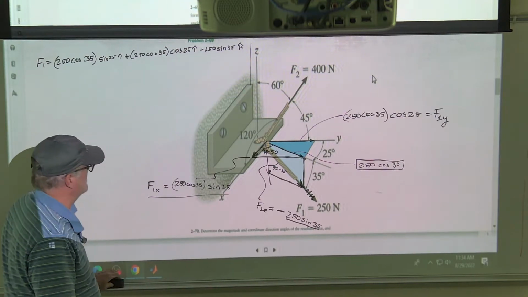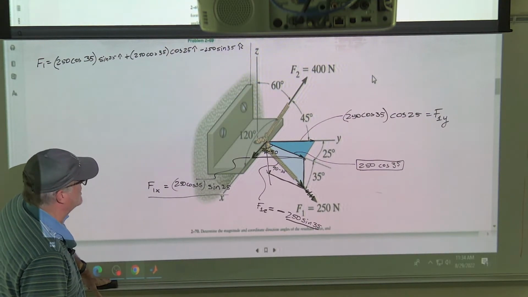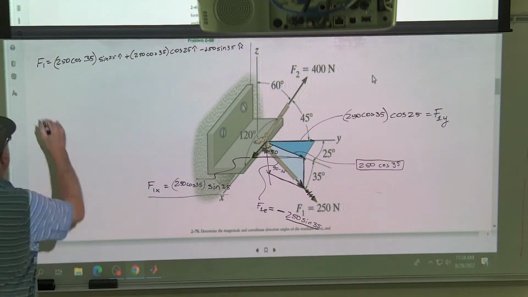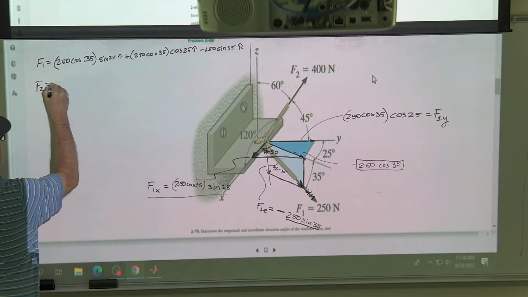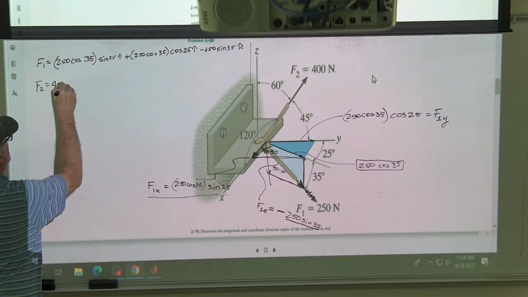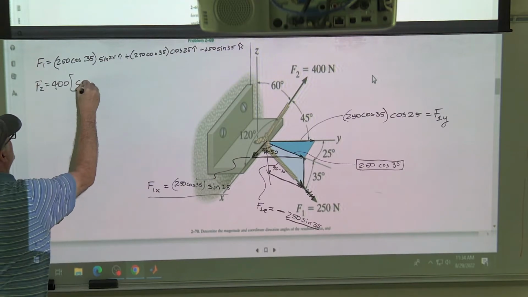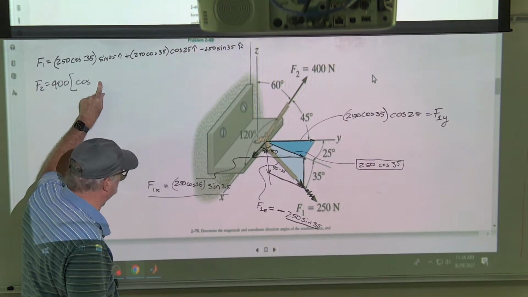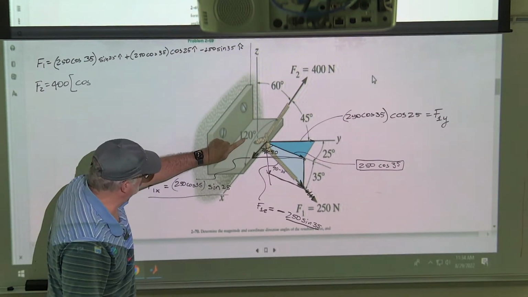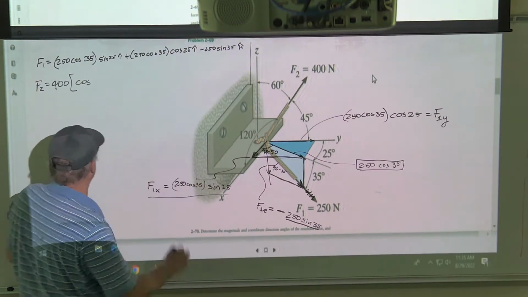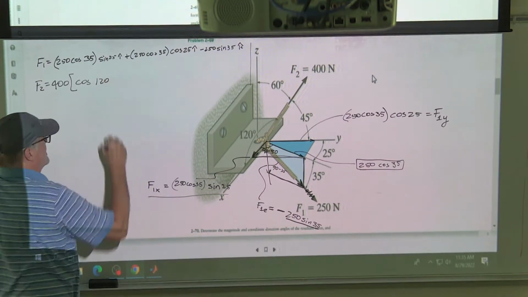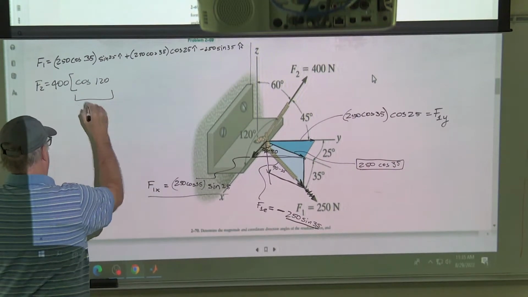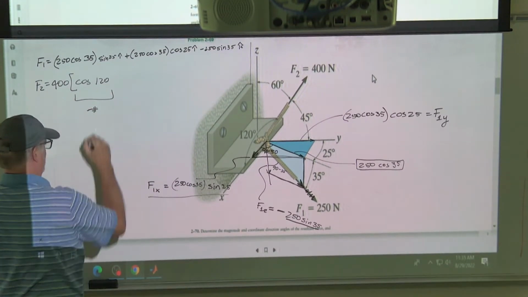Okay, so the next one, when I say the next one, I mean force 2. Force 2 is nothing more than, what is it, 450? No, 400 times cosine of the angle between the vector itself and the x. He swept at 120 degrees here. Now notice what's going to happen here. If I take the cosine of 120, it's going to be a minus number. And why?